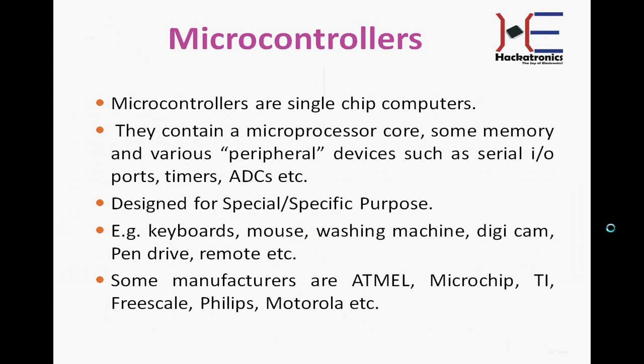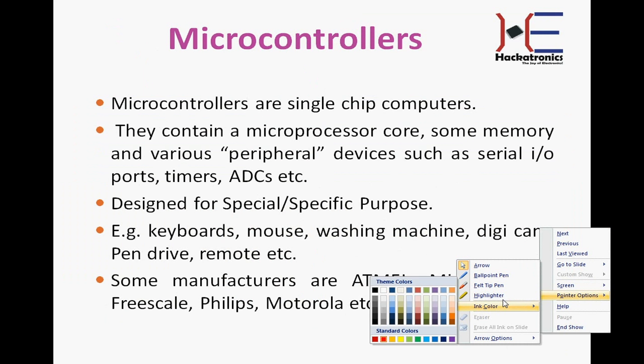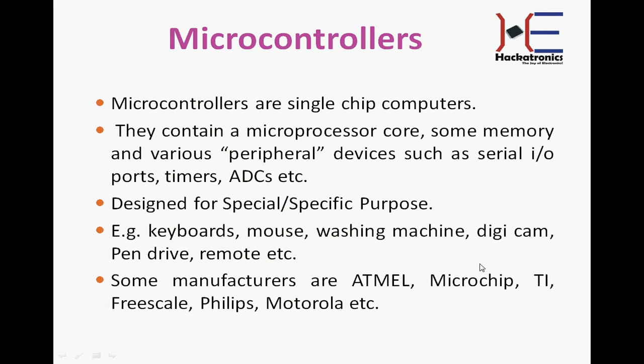On the other hand, a microcontroller is just like a single chip computer. It contains processor, some memory, various peripherals like analog to digital converters, timers, etc. inside them. They are designed for some specific purposes.